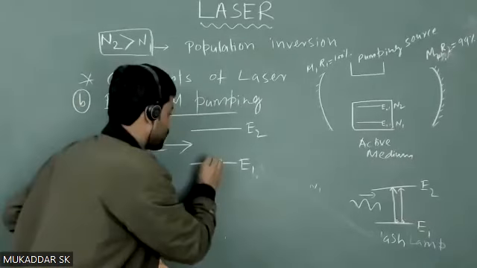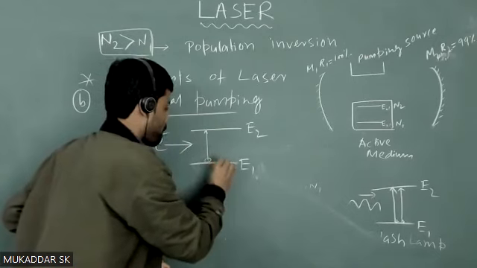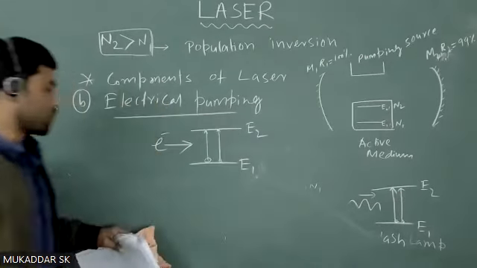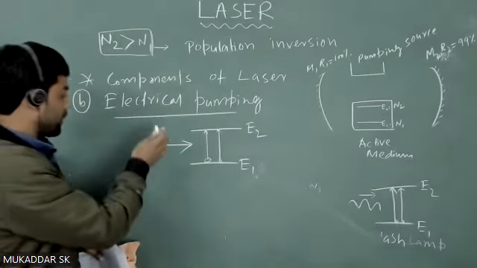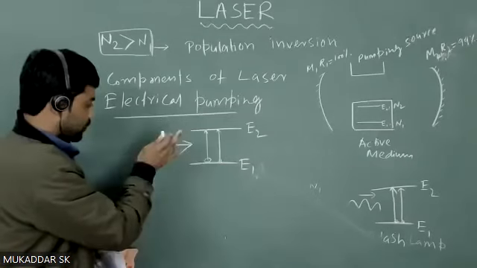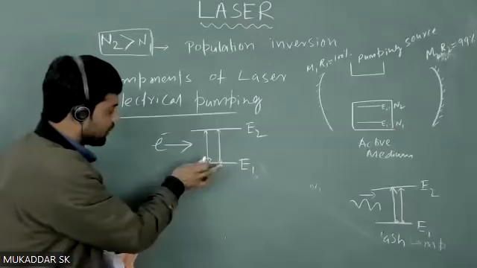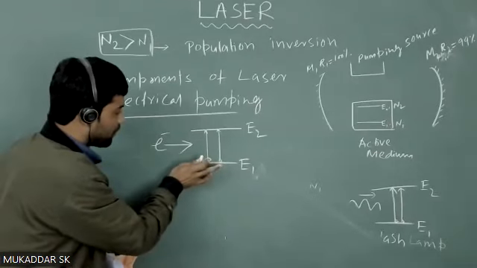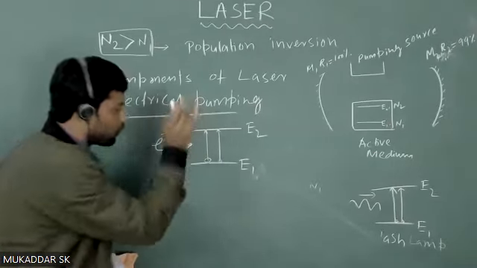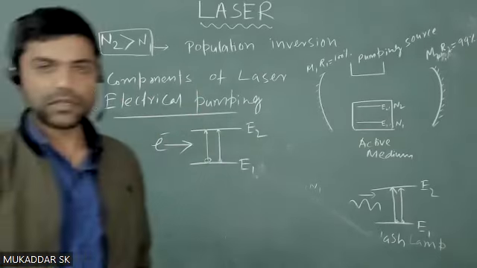As a result, they make a transition from E1 to E2 to achieve population inversion.